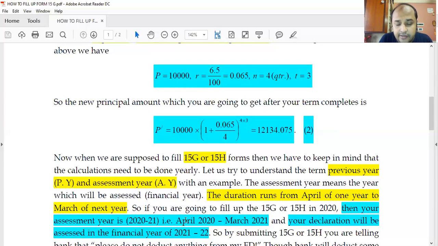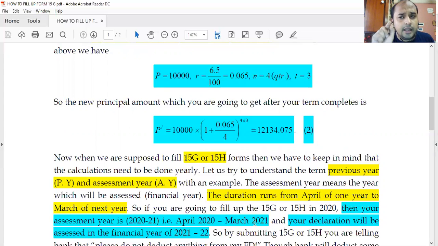Okay, so throughout this year, this is 1 year, which starts from April 2020 and will end in March 2021. Throughout the year, your money will be invested by the bank, and you are declaring that this is my money, please do not deduct anything from it. Because if you do not submit the 15G or 15H form, the bank will deduct some amount from your account.